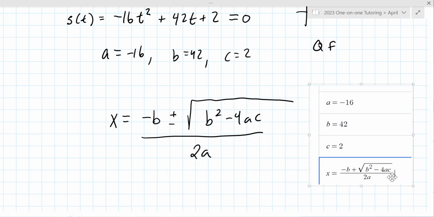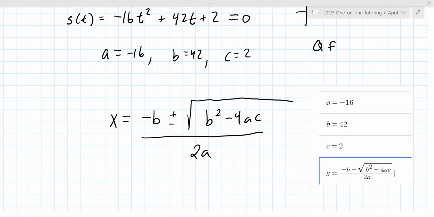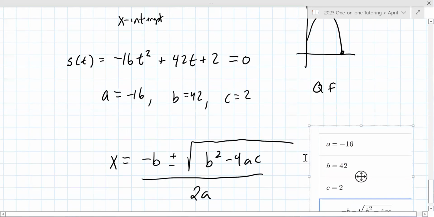I got negative 0.05 and 2.67. Okay, so which one is it? Is it the positive one or the negative one? The positive one.